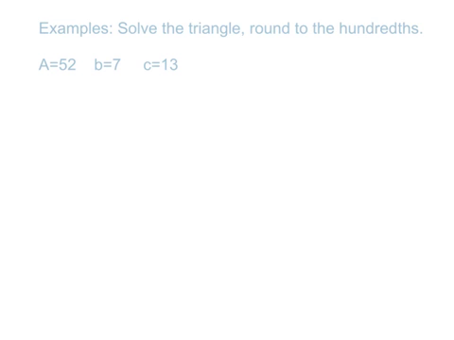So if I want to solve the triangle where angle A is 52 degrees, side B is 7 and side C is 13. First I'm going to draw the triangle.